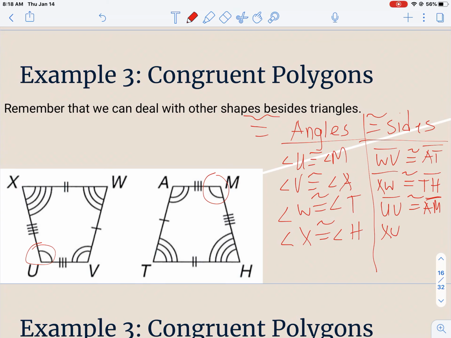And lastly, XU is congruent to MH, 4 slashes each. So I'm just writing out the congruent sides and the congruent angles. The slashes and arcs give you a lot of details, and in the future, we're going to use those coming up in the next section especially.